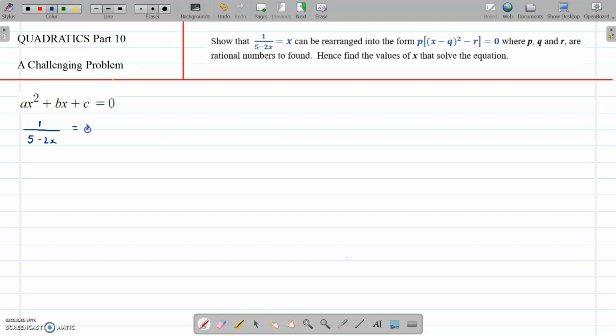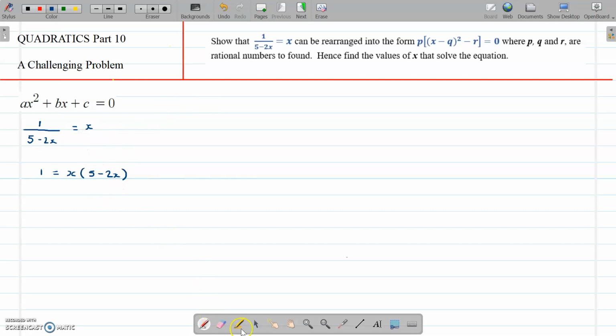Multiply both sides by the denominator to give me that 1 equals x brackets 5 minus 2x. So all I've done is taken the denominator from the left, multiply both sides by that to give this.